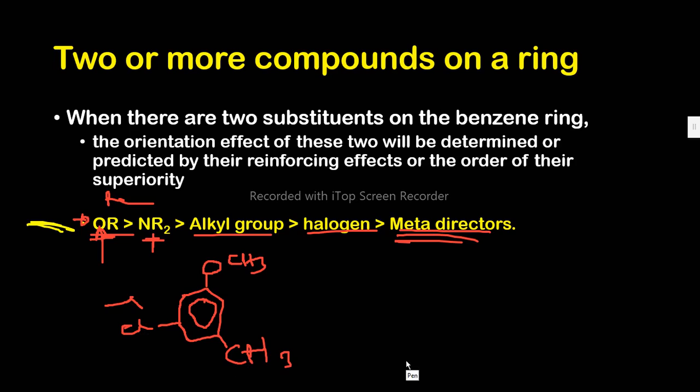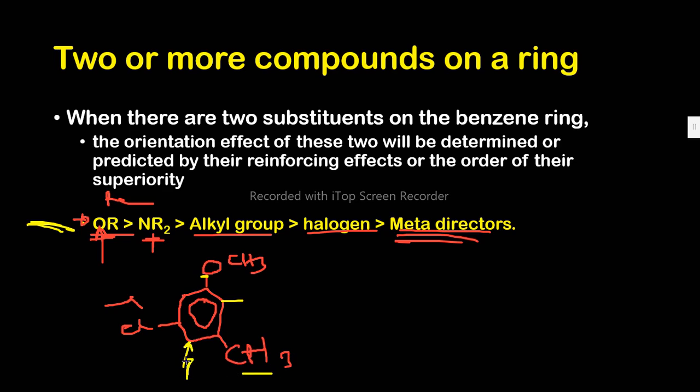So, like always, where the O is attached, it is given the first choice. So it will attach on the ortho and para position. Then followed by the methyl group, which directs on the ortho.